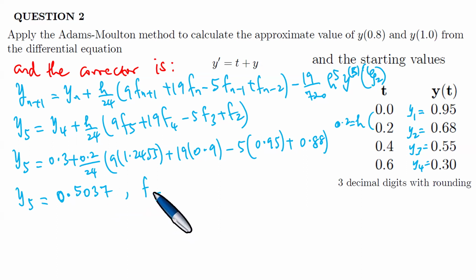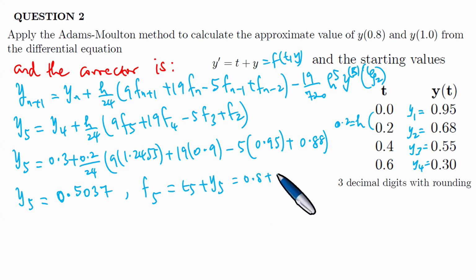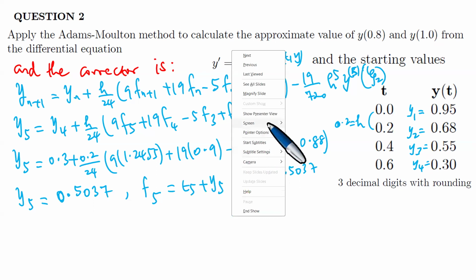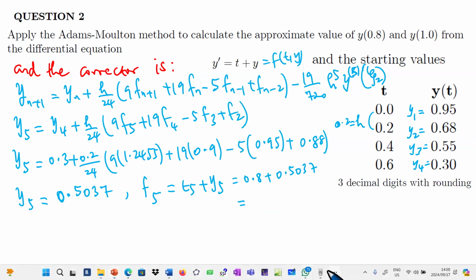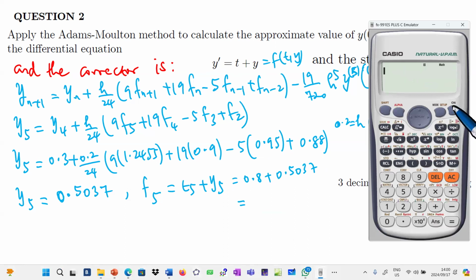And then now you need to get F5, and F5, according to this, is f of t, y. So F5 is t5 and y5. So that in the end, 0.8 plus 0.5037.